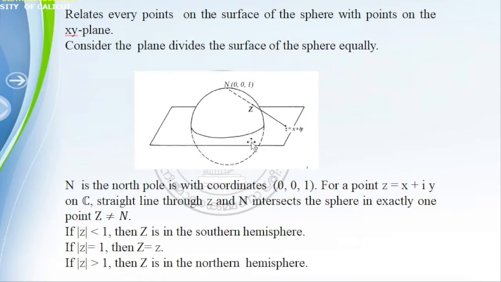And if mod z is greater than 1, then capital Z is in the northern hemisphere. So if mod z is greater than 1, Z is in the northern hemisphere, and if mod z is less than 1, then Z is in the southern hemisphere.